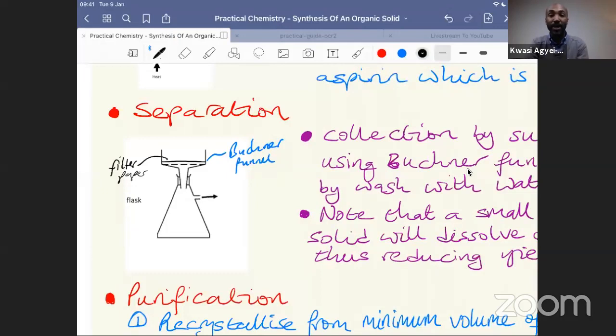We're going to swirl the mixture and pour that down our Buchner funnel. Now that Buchner funnel is inserted into a conical flask with a side arm, and that side arm is connected to a vacuum pump.